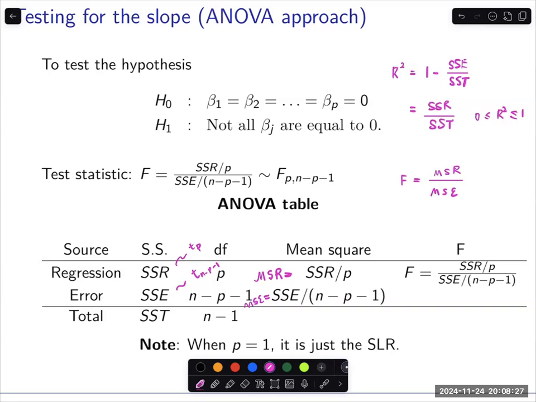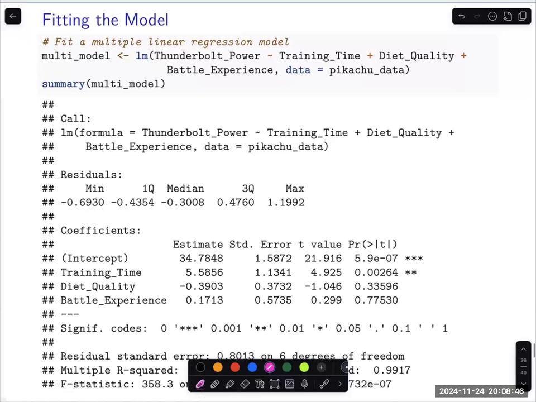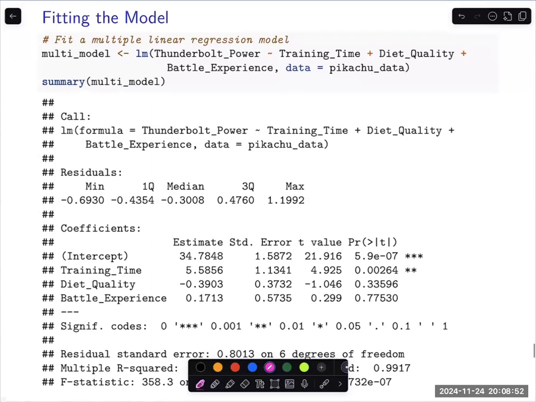Note that when p equals 1, that means we only have one predictor in the model. This makes simple linear regression a special case of multiple linear regression. In order to test whether the model fitting is good or not, we are going to fit the linear regression model.